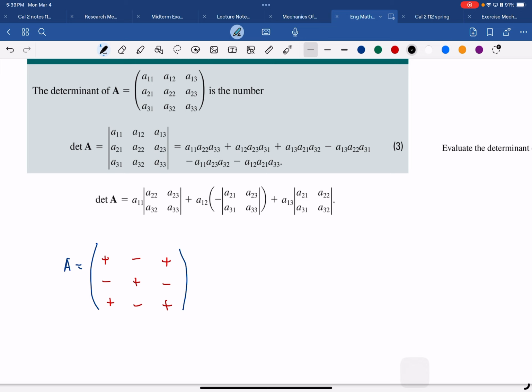So for example, this is the first row, so let me write here that this is using the first row. Okay, if we use the second row, for example, the determinant will start with the negative.